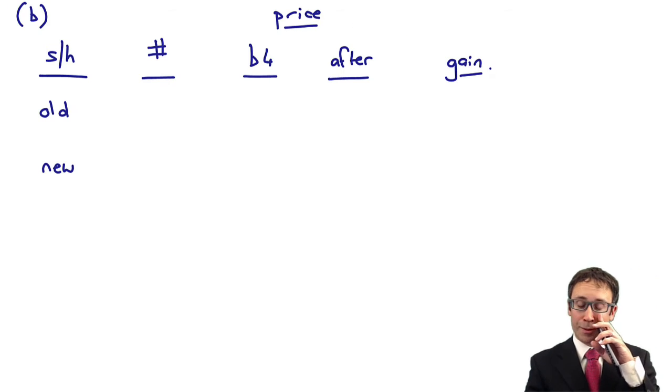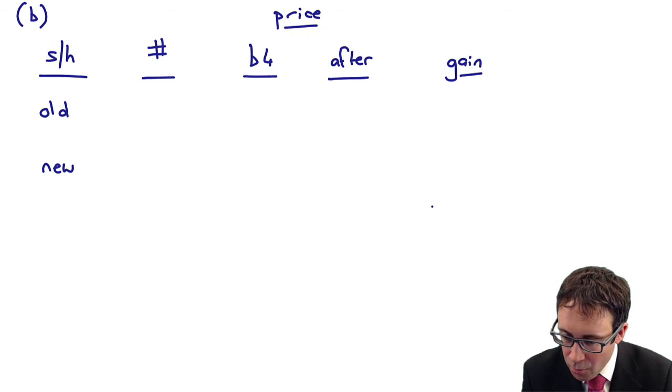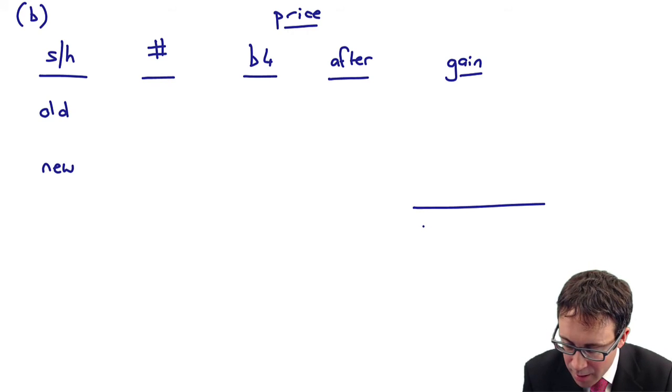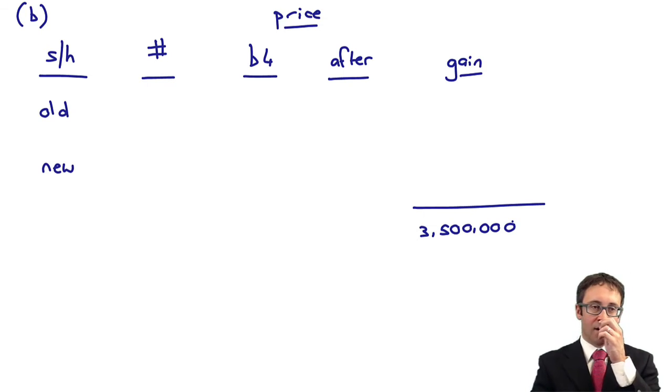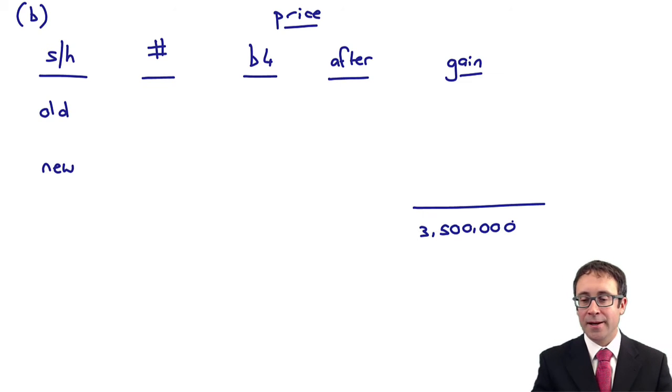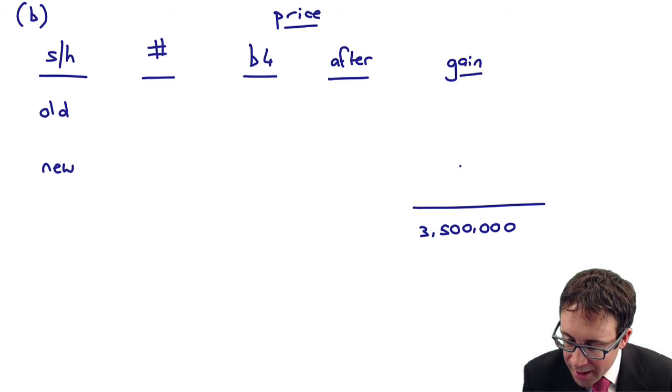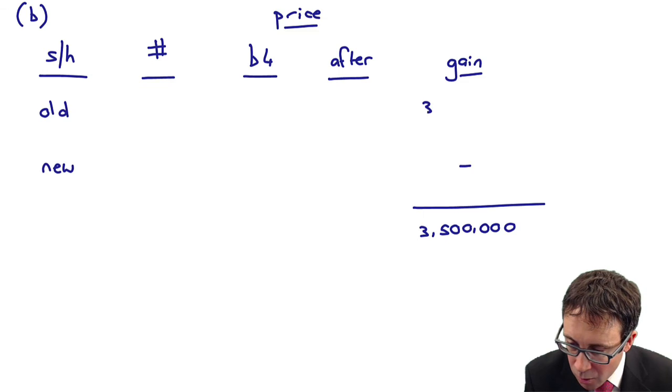And the gain. Okay. We know in part B, because the background information hasn't changed, that the gain is 3.5 million. Okay, we know that all of that gain is now to go to the old or the existing shareholders.